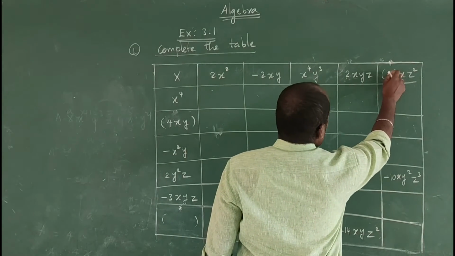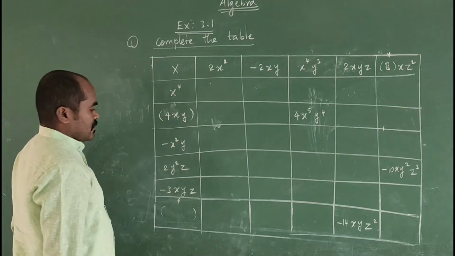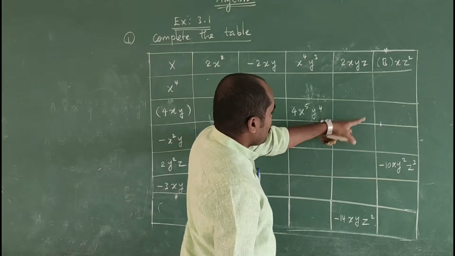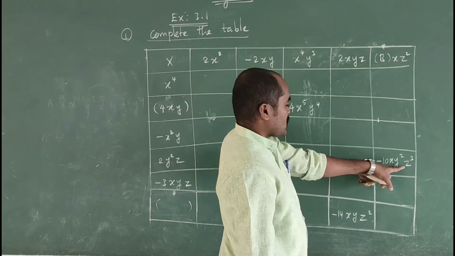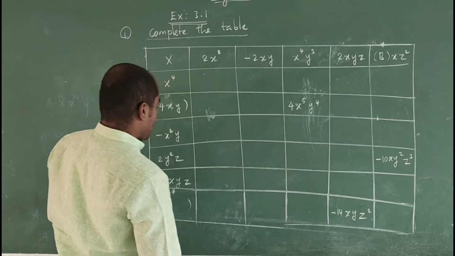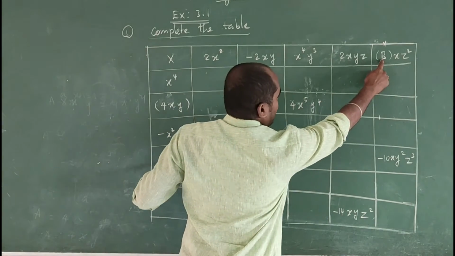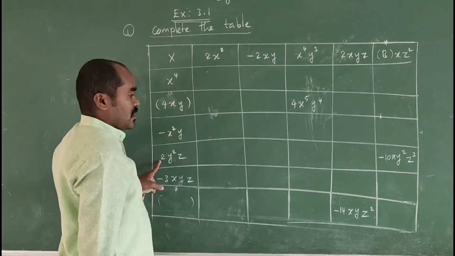So next we need to find this unknown. So take this unknown as b. So listen. In the fifth row, sixth column, we know that is minus 10x y square z cube. That means 2y square z into bx z square, we get minus 10x y square z cube.